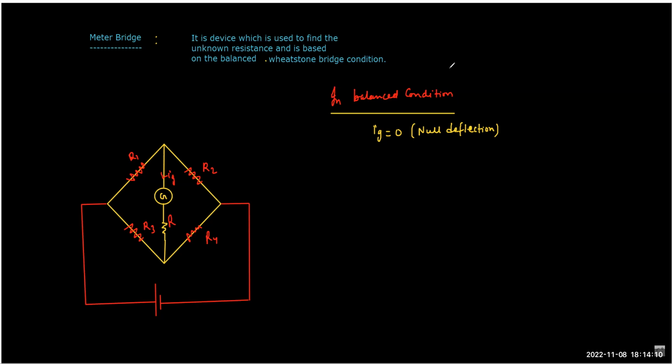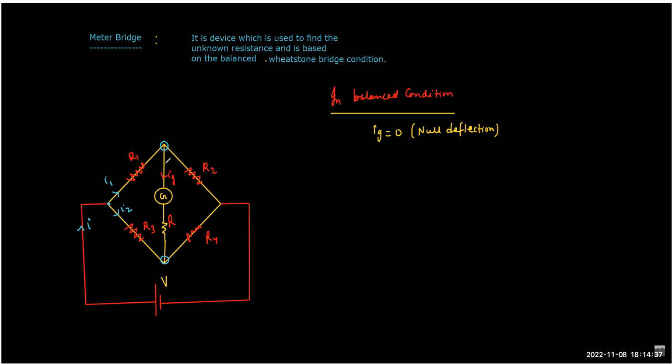And therefore, whatever current you may assume through the cell, the current will divide at this junction. And because IG is 0, no distribution of current will take place at this junction as well as at this junction.